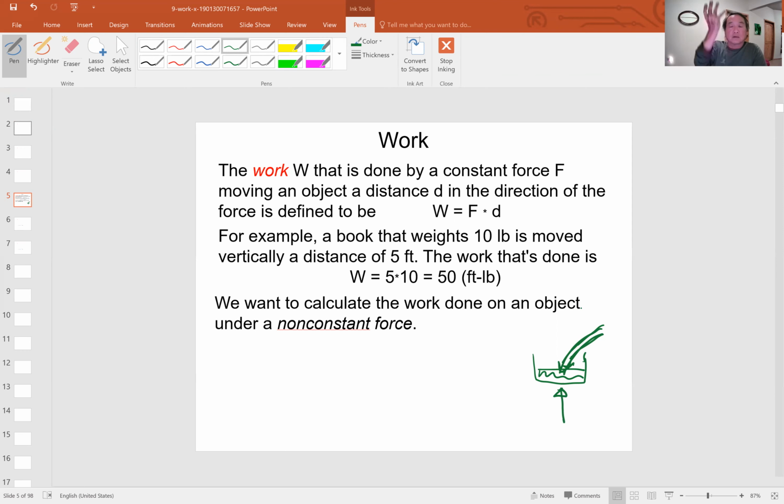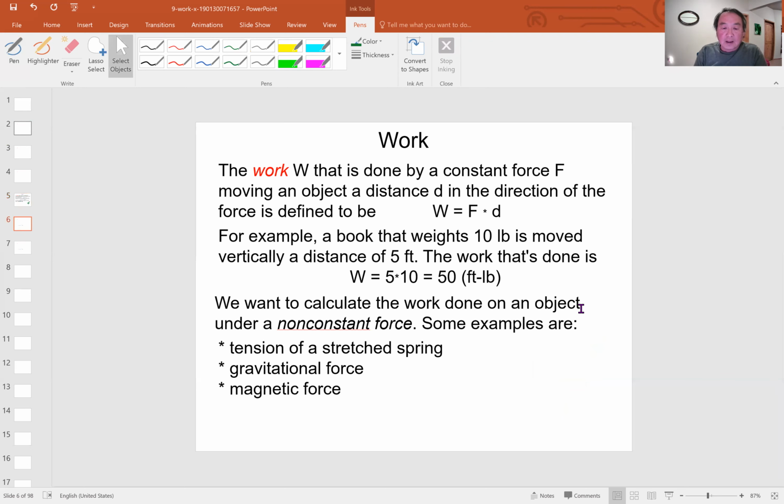The pipe could be putting water into the bucket, making it heavier, or sucking water out of it. So the weight of the water changes as I lift the bucket up. That's what we wish to calculate. This is the framework of these bucket problems: lifting water up while the weight of the bucket changes.